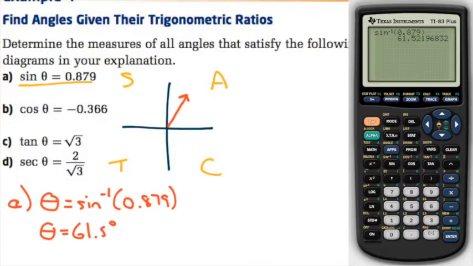To find that second angle, we need to look. This was a 61.5 degree angle. We need to draw a 61.5 degree angle into quadrant 2. This angle is called the reference angle, and it's always drawn from the x-axis, never from the y-axis.